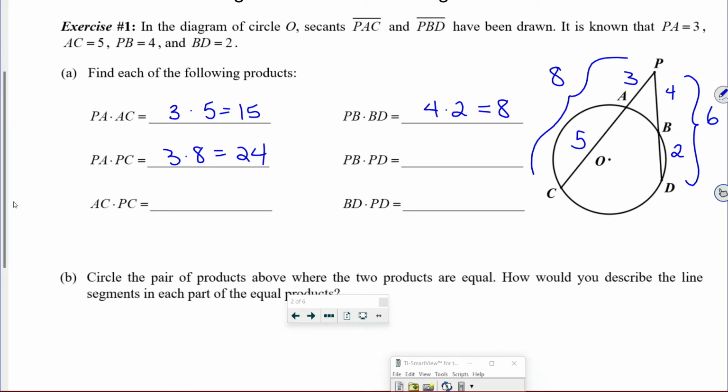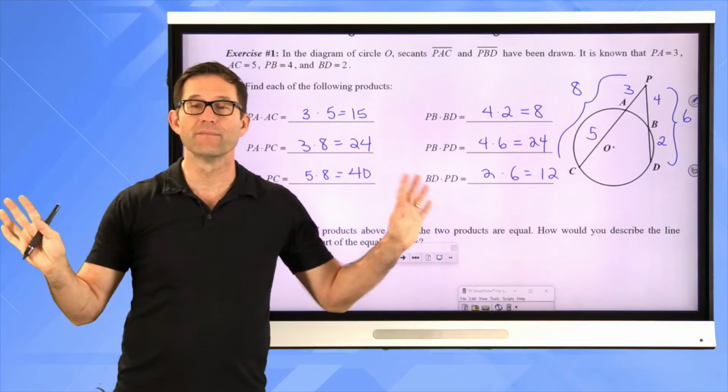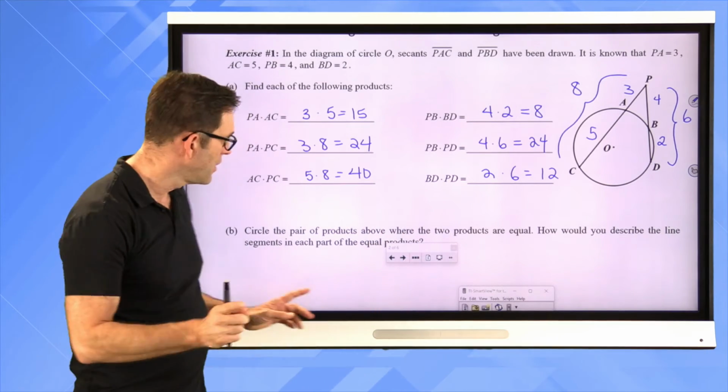PB times PD is 4 times 6, that's also 24. AC times PC is 5 times 8, which is 40. And BD times PD is 2 times 6, which is 12. Not difficult here.